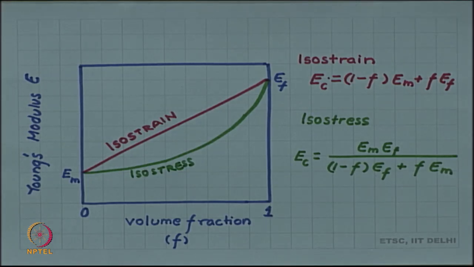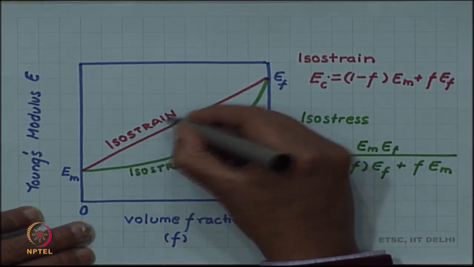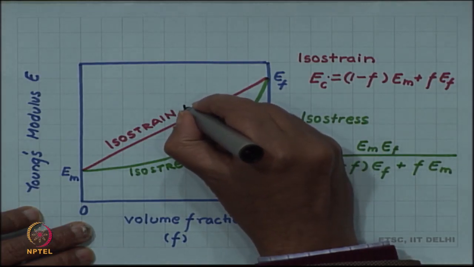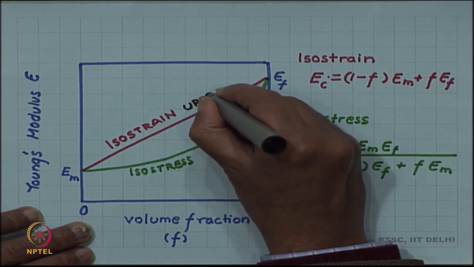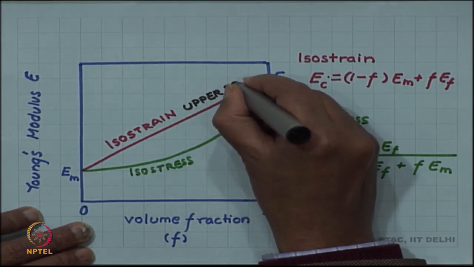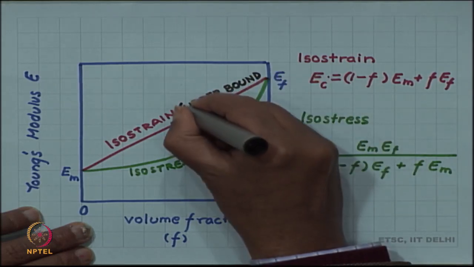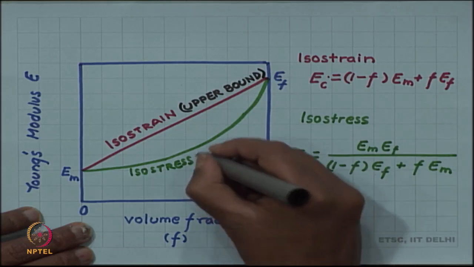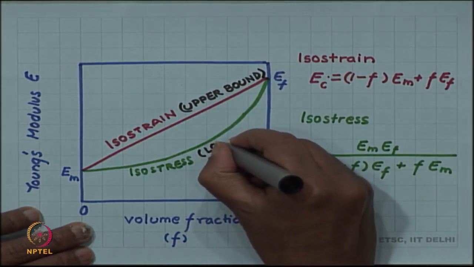And an important result in composite mechanics, which we will not prove, is that the isostrain case is the upper bound for composite materials, whereas the isostress is the lower bound.